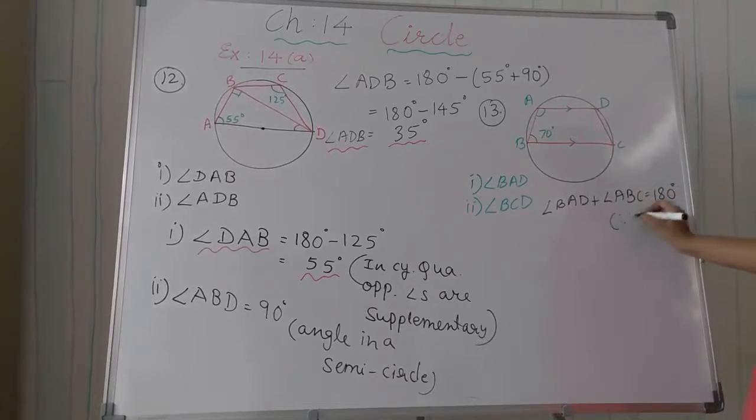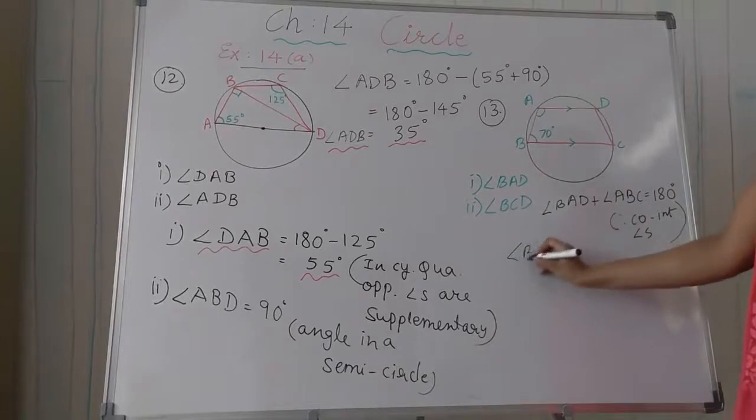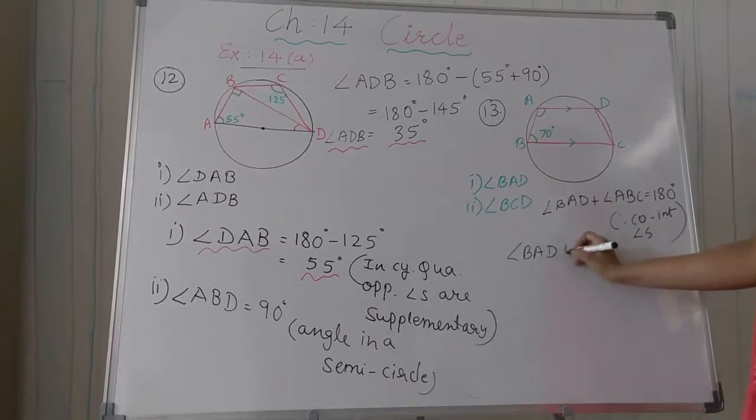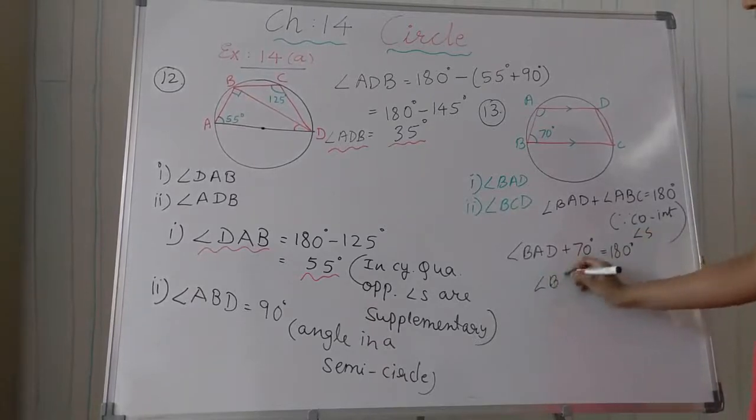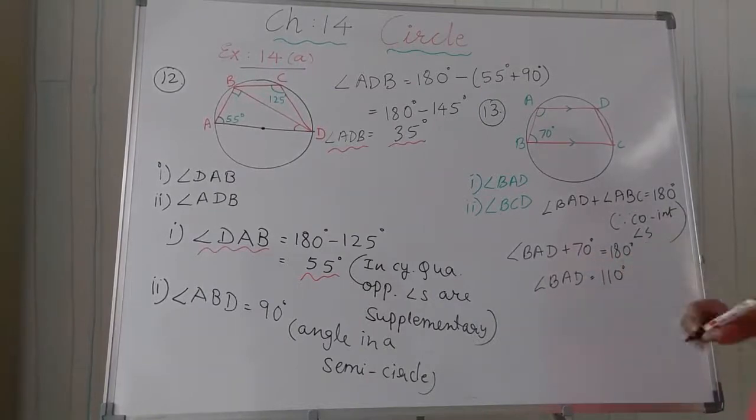Why? Because they are forming co-interior angles as it is a trapezium. Now BAD we don't know, so we write BAD as it is. This is given as 70 degrees. So I find here using the co-interior property BAD is equal to 180 minus 70, 110 degrees. So the first answer found, angle BAD.